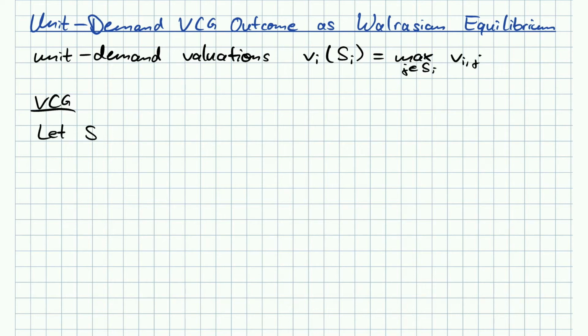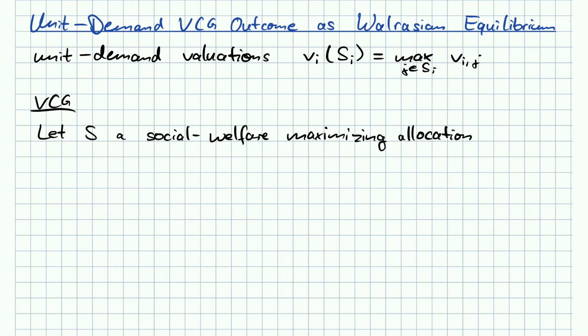Let's call S a welfare maximizing allocation. The valuations are fixed today, so we don't actually have to care about what actually mattered for us in the context of VCG, namely that this is truthful.